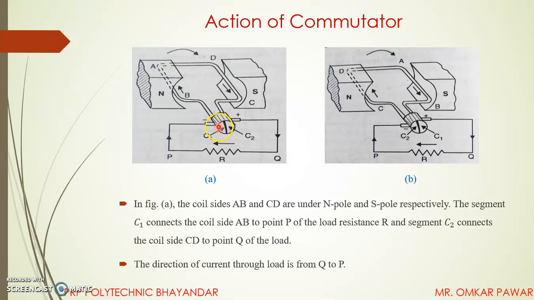So this commutator switches its position, that is segments C1 and C2 switch their positions, so that the current flows always in the direction of Q and P. In the first case this current flows in this direction from Q to P, and again after changing the coil sides under S pole and N pole, the direction of current remains the same in the load, that is from Q to P.